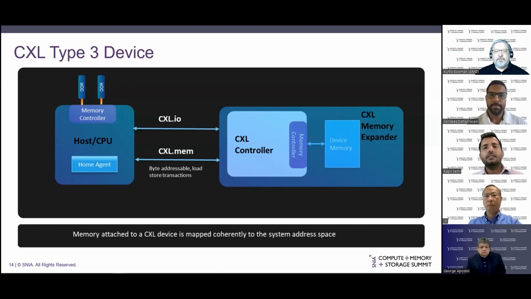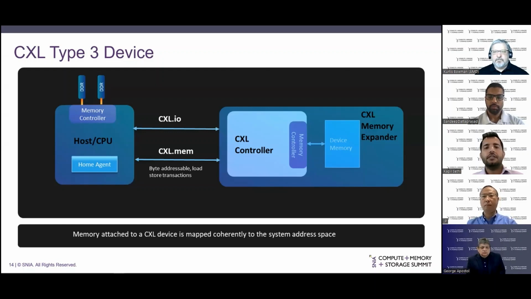So a CXL Type 3 device has a memory controller and attached memory. Type 3 devices do not have compute logic on the device side that can modify the content of the memory. Rather, the CXL Type 3 device enables different types of memory media to be attached to the host through the CXL link. An important point to note is that the memory attached on the CXL device is mapped coherently to the system address space.